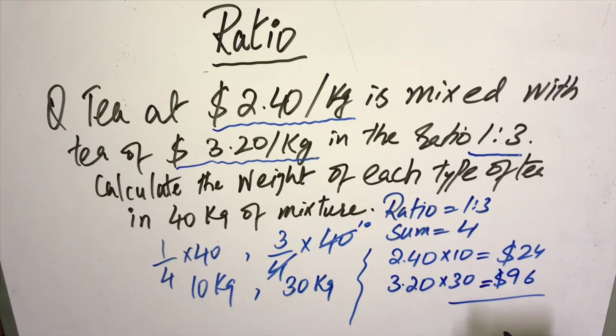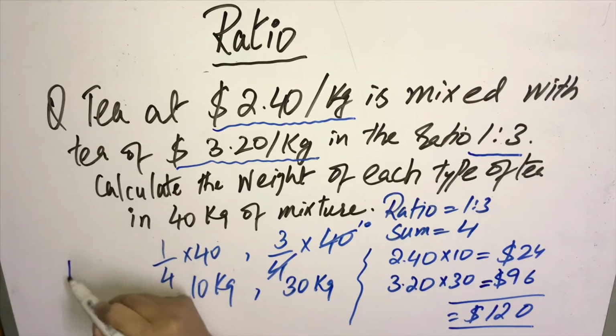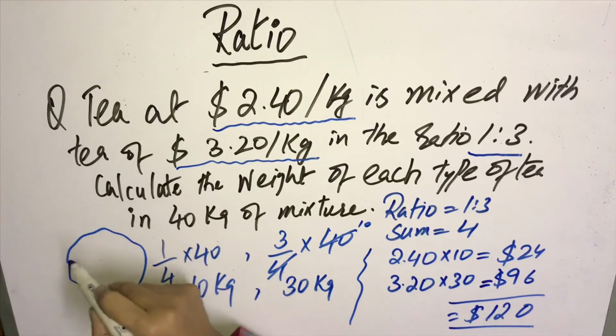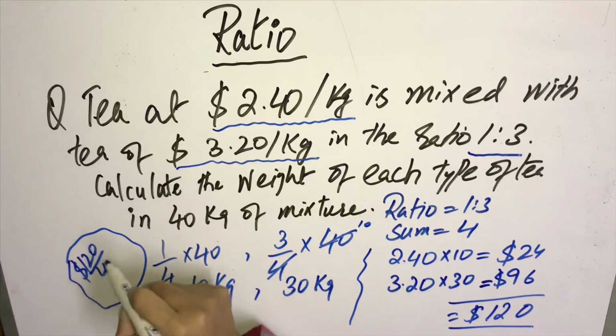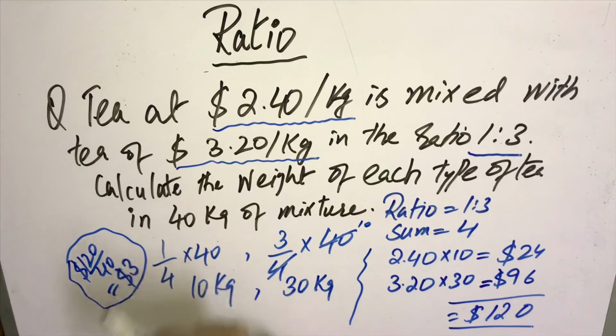And the total price for the mixture of 40 kg is $120, and the price per kg of the mixture is $120 divided by 40 kg, which is $3.